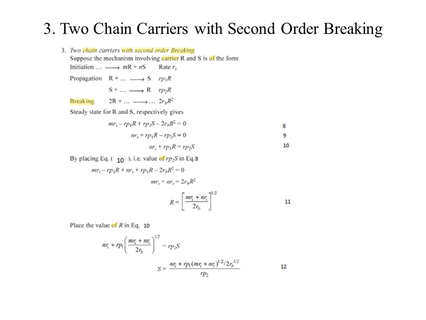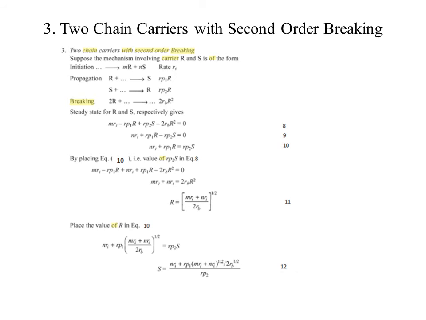RP1R plus and minus cancel, then MRI plus NRI, that is equal to 2RB R square. From this we can calculate the value of R, that is the square root of (MRI plus NRI over 2RB).